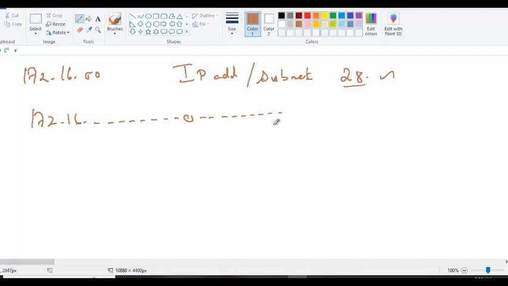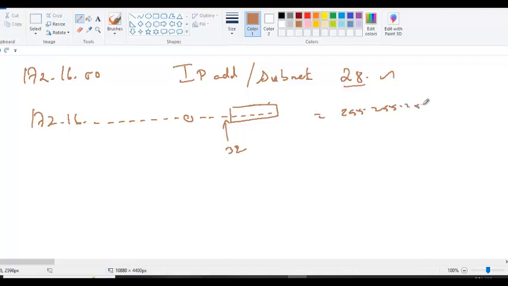Why? I'll get only 15. So I need these many bits. Do you agree? So the increment value is going to be 32, exactly. The new subnet mask will be 224. Yeah, that's all. You see how easy it is.